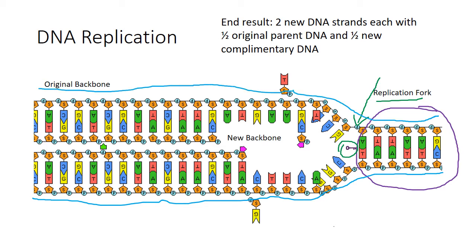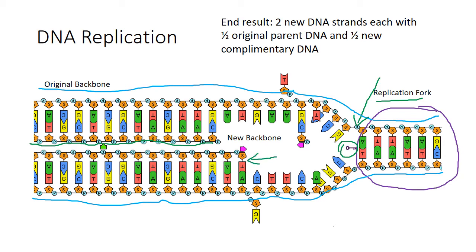So if you could imagine for just a moment that both of these were put back together, that would have been the original DNA strand. Now if you look here in the center, you can see the newly forming DNA backbone here, and you have another newly forming DNA backbone here.